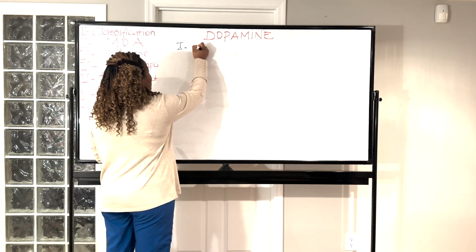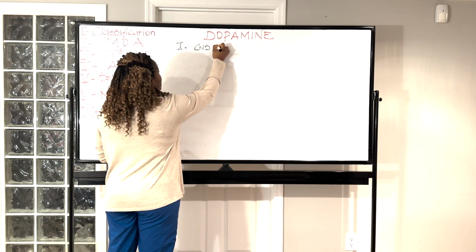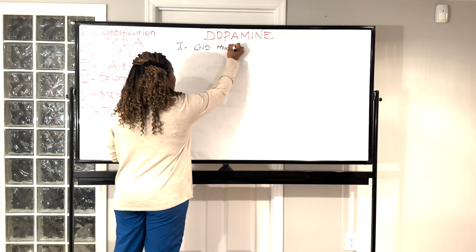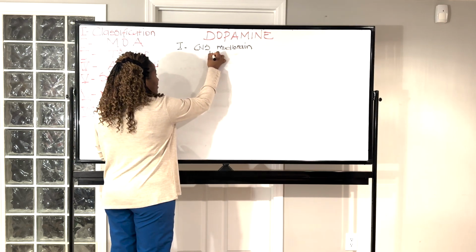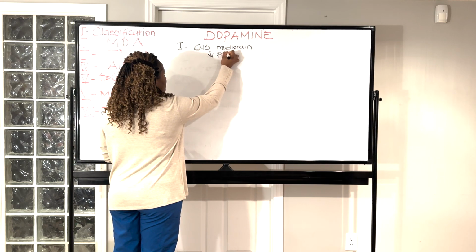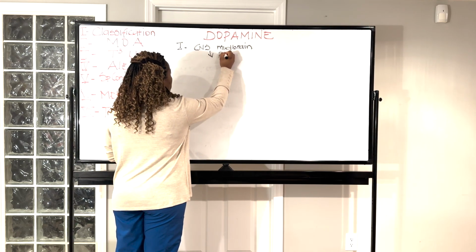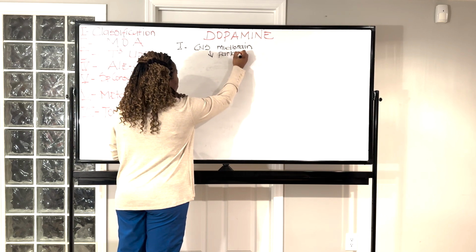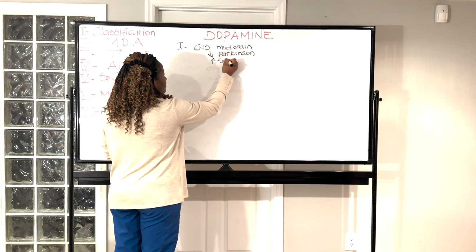So on the classification, we're going to put here, dopamine is secreted in the CNS, in the midbrain. It acts as a neurotransmitter. When the levels are down, it's Parkinson. When the levels are up, it's schizophrenia.